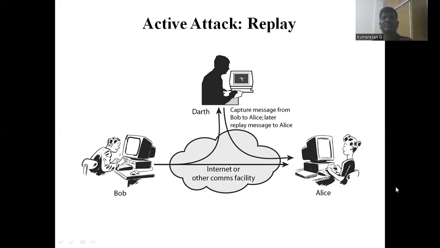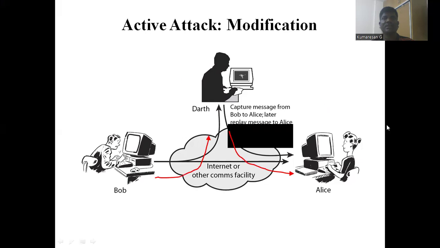So this kind of attack we call an active attack, or sometimes a replay attack. Either they replay, or the content may be entirely modified or something changed. Whatever it is, they do some modification to the original confidential message. So that is what we call an active attack.